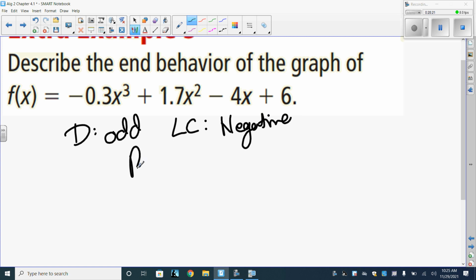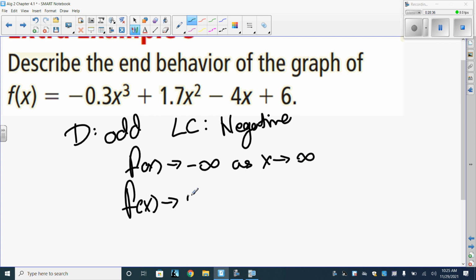So it tells me f of x approaches negative infinity as x approaches infinity, and f of x approaches infinity as x approaches negative infinity.